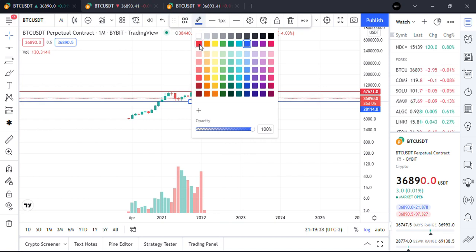I don't know if you understand me. A support line, a horizontal line drawn on the monthly time frame, is more powerful than one drawn on the daily or the hourly. You grab. So you change it to a red.